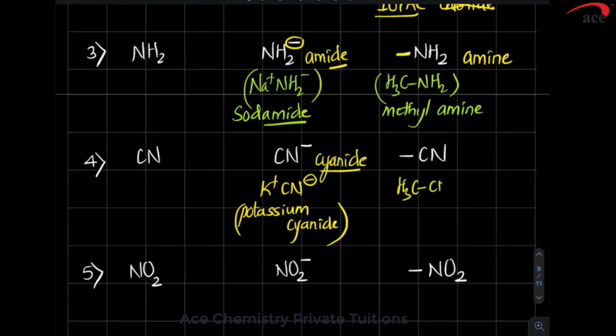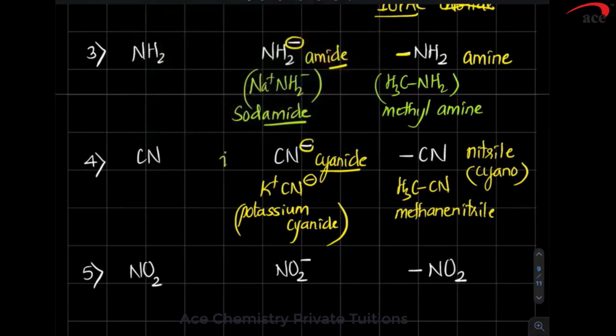And when it is CH3CN, what is its name? The IUPAC name is methyl nitrile. It gets the name nitrile. There's one more name, it gets the name cyano also. Remember, cyano or nitrile. So when CN is ionic, it gets the name cyanide. And when CN is covalent, it gets the name cyano or nitrile.